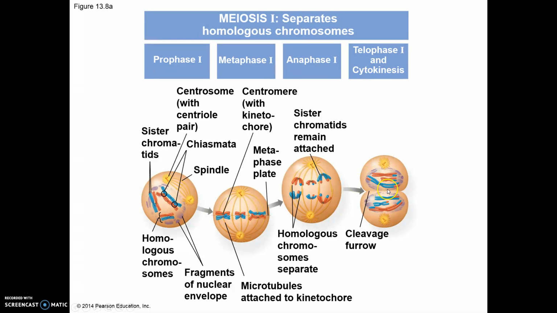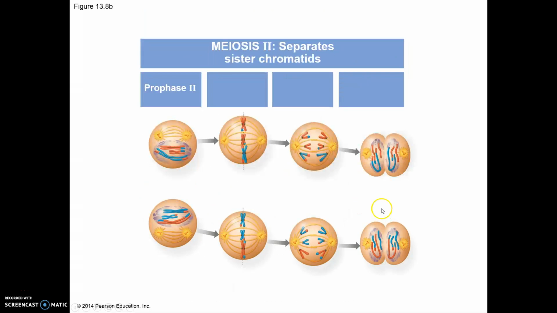Now, instead of going through another round of interphase, we will just progress immediately to another round of division. Okay, and here sometimes you see a nuclear envelope reforming, sometimes you don't. It depends on the scenario.